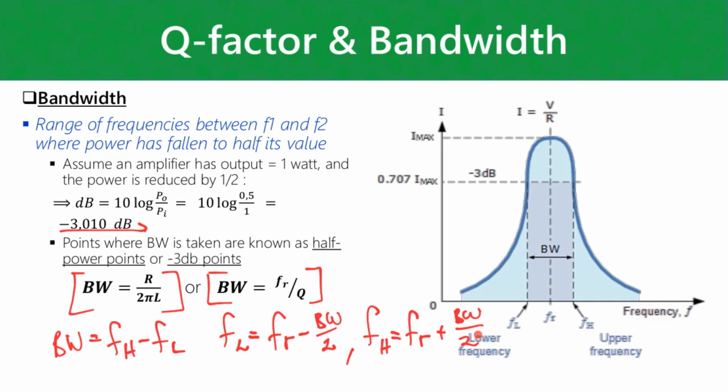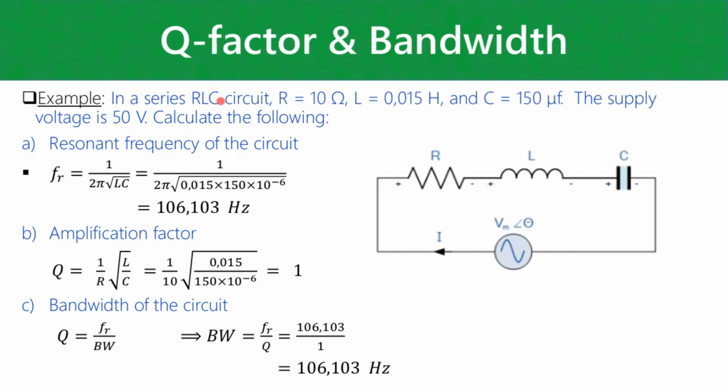Right, so that's also a range of formulas that you can use there to work with the bandwidth. So there's a bit of an example making use of Q factor.